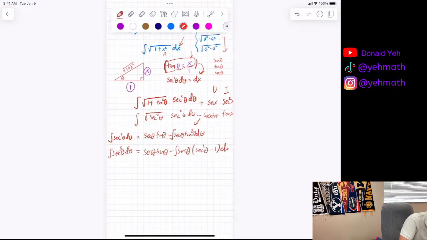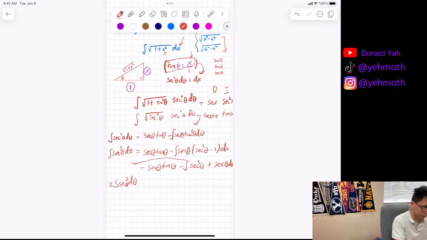Now this one is going to be equal to secant theta tangent theta minus secant to the third theta plus the integration of secant theta d theta. So this one moves to the other side, and that becomes 2 times the integration of secant cube d theta. I moved this to the other side, so it's minus, so it's plus 1.